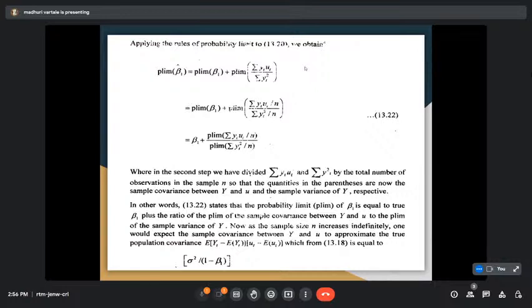So state that the probability limit, that is plim of beta 1, is equal to the true value of beta 1 plus the ratio of the plim value of sample covariation between y and u to plim of sample variation of y.